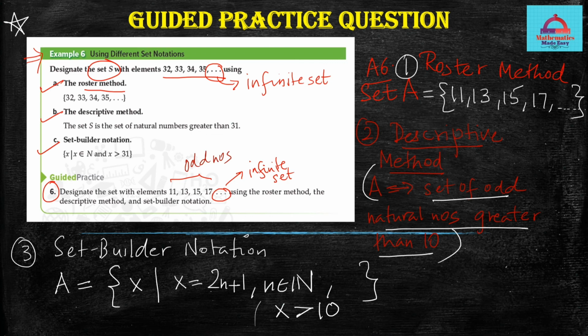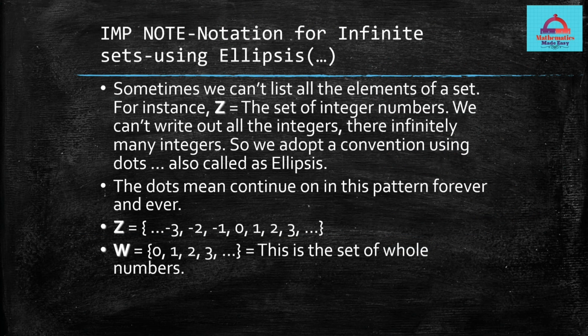That you should understand. At this point, I would like to remind you about an important note regarding the notation that we use for an infinite set, which is using the ellipsis. We've already seen questions on this in today's session and before also. These ellipses are the three dots that you see after the elements when you are writing an infinite set.